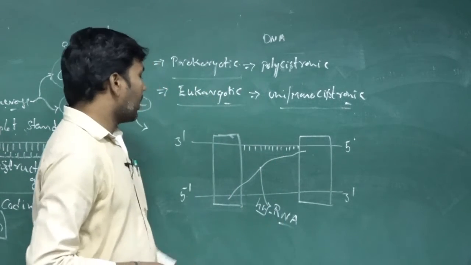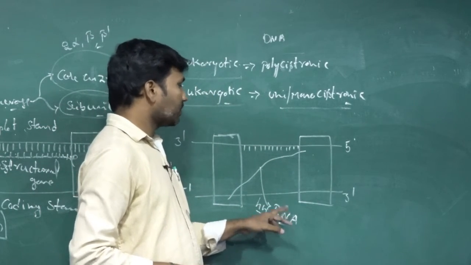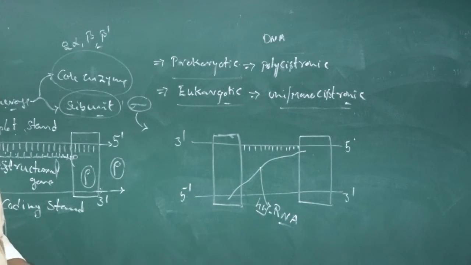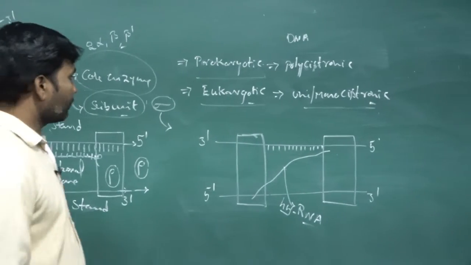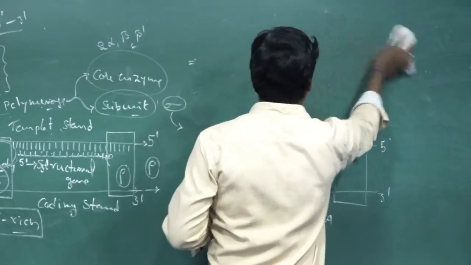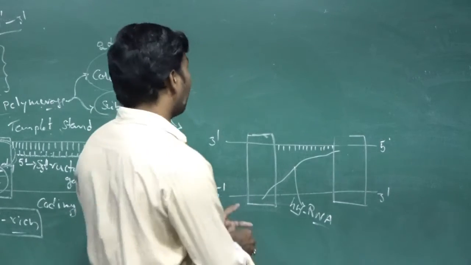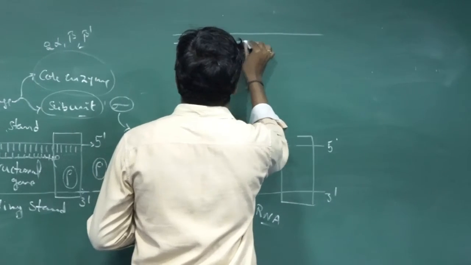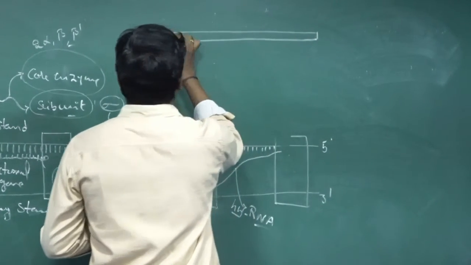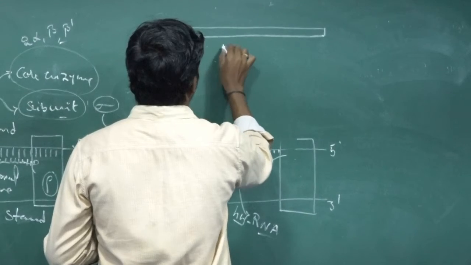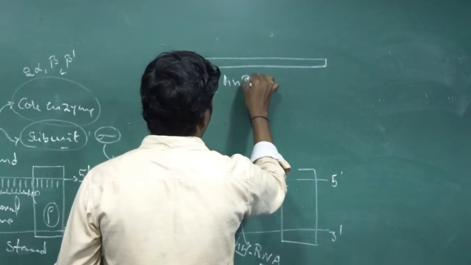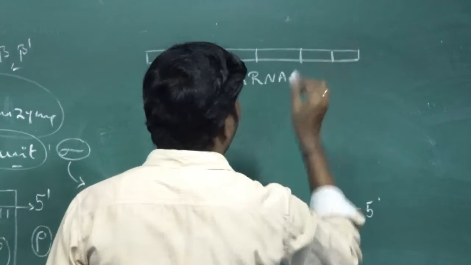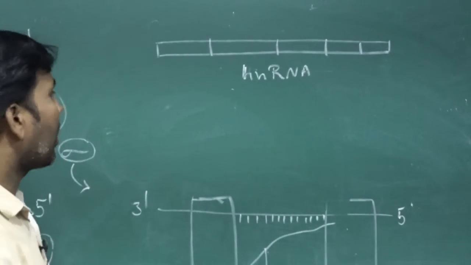This is called heteronuclear RNA. Why do we call it heteronuclear RNA? Whenever you look at the structure of this RNA, suppose this is the hnRNA, it has specific sites in the RNA structure.